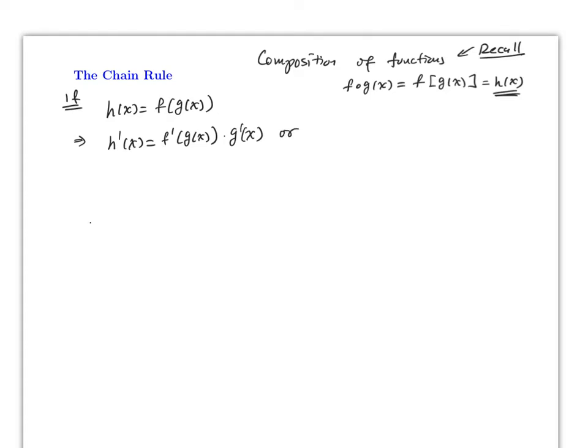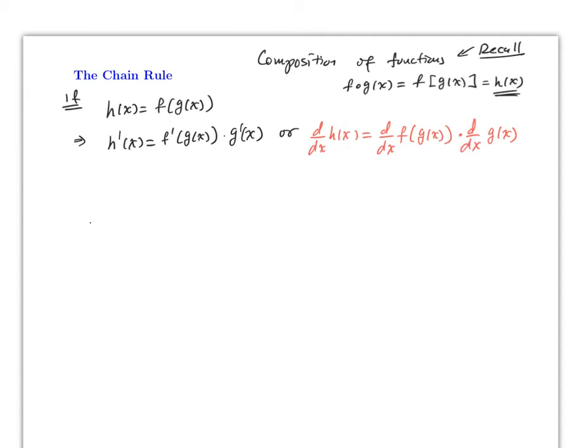Or in the long notation, you say the derivative of h with respect to x will be the derivative with respect to x of f evaluated at g of x. So this part is very important, evaluated at this part, times the derivative with respect to x of g. Alright, so both of them are the same. This one just looks nicer than this one, but this and this are exactly the same thing.